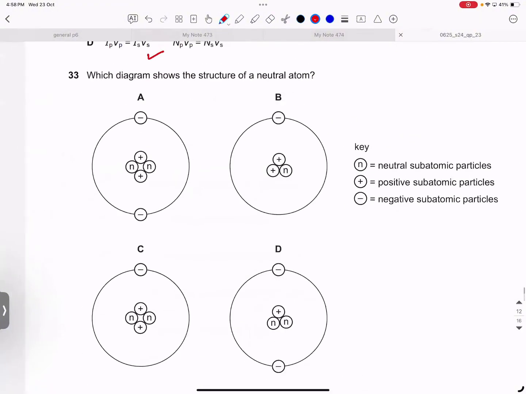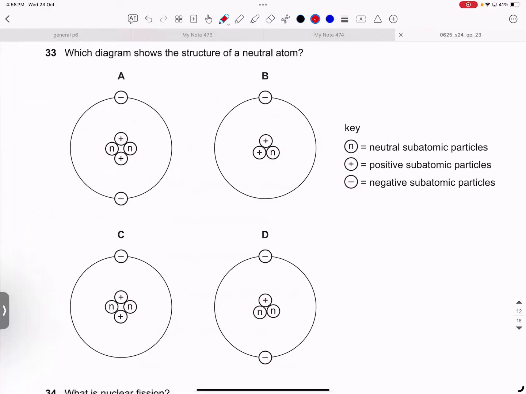Question number 33, nuclear physics. Neutral atom. As you know from chemistry, any atom is neutral if the number of positive and negative charges are equal. If 2 protons, there should be 2 electrons. If 3 protons, there should be 3 electrons. Here, 2 electrons, 2 protons.